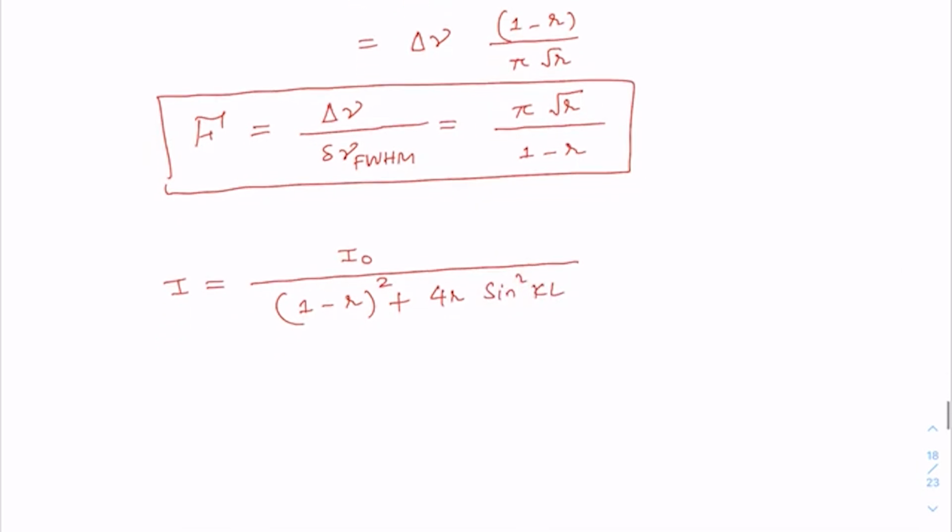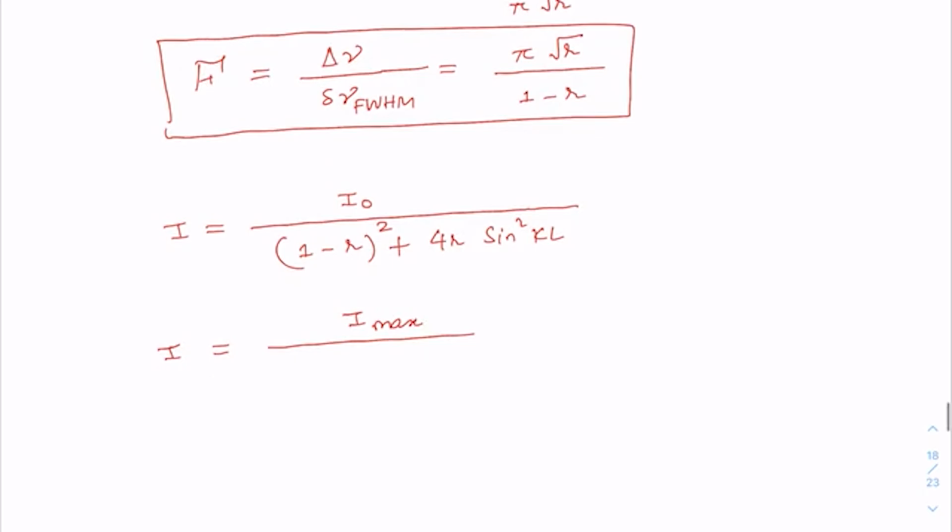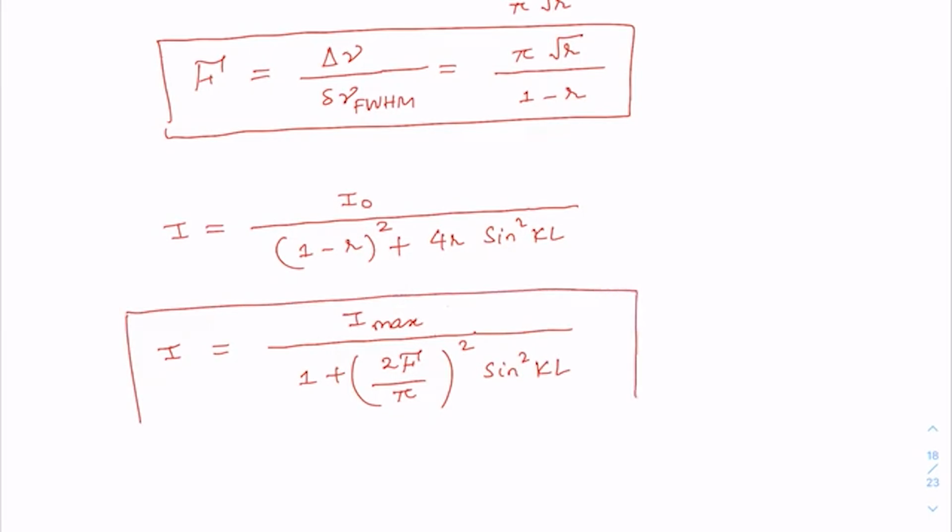This we can rewrite in the standard form, and that would be I is equal to I max divided by 1 plus twice the finesse by pi whole square sine square KL, you can please verify. So this is the standard form for the expression for the intensity of a Fabry-Perot cavity.